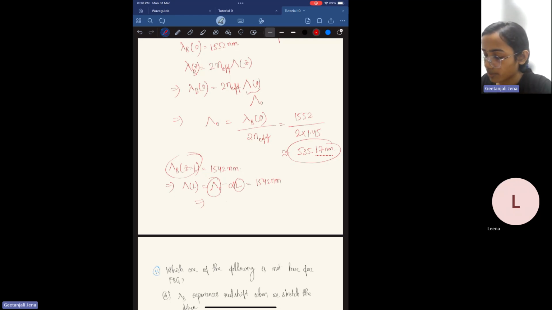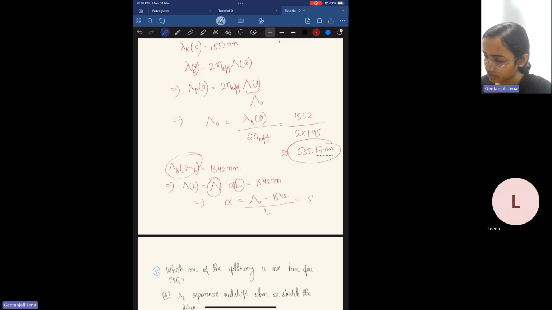So alpha would be the initial grating period minus the grating period at L, over the length.